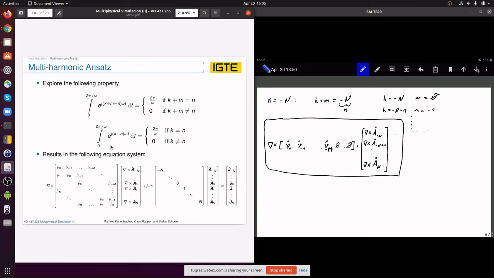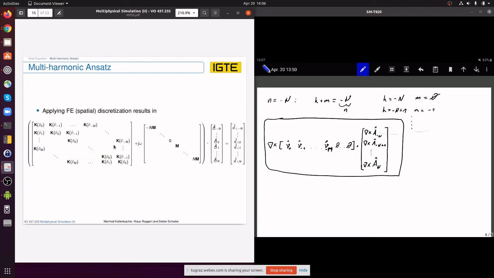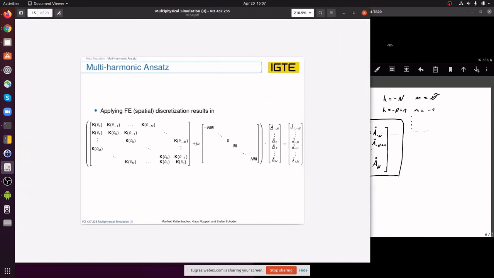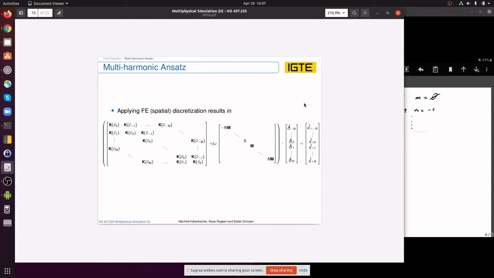Okay, so this is, I would call it, a pseudo strong form of the nonlinear eddy current problem. If we then start discretizing it, and discretizing the weak form especially, then we end up with a final linear system that looks like this.